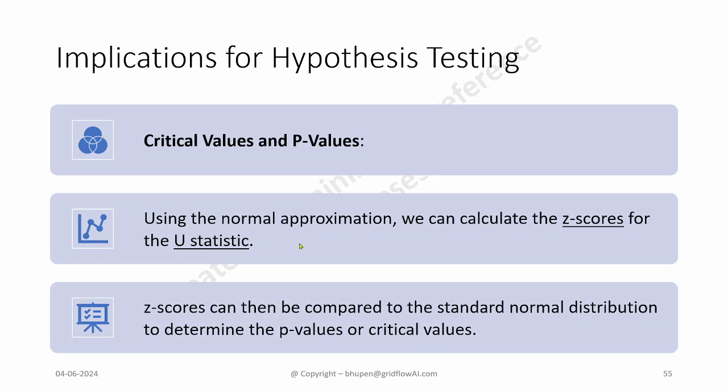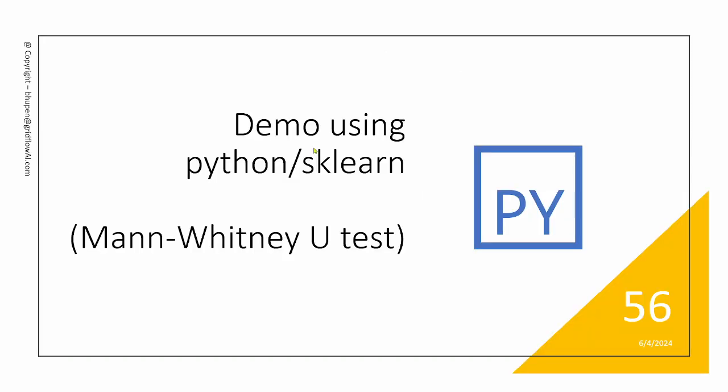And then we compare the critical values with the U statistic for the final conclusion. So that's pretty much the outline of this non-parametric test called the Mann-Whitney U test. And I'm going to show you a Python code in a while.